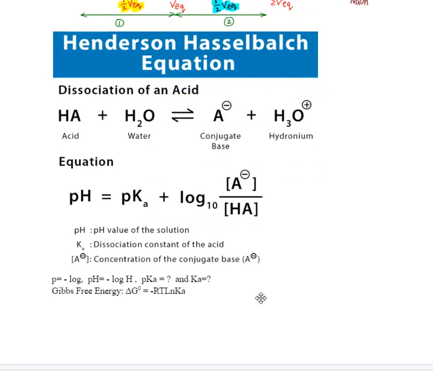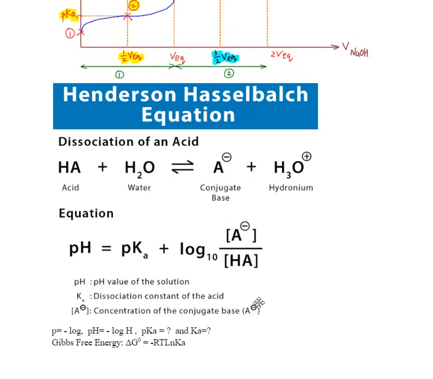Now, after we got the pKa, how do we get Ka? Remember, p means negative log. pH actually means the negative log of the concentration of proton.